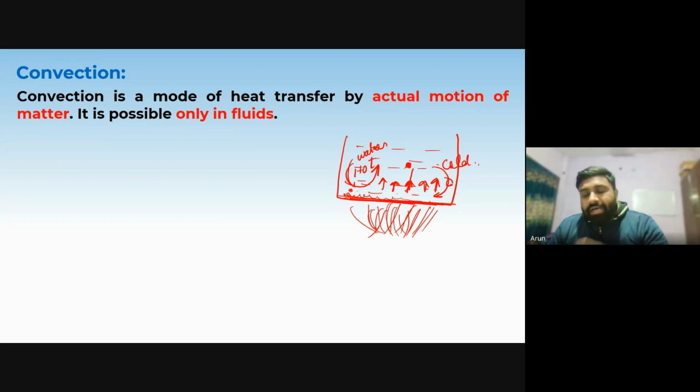Okay. So the mass itself has to shift from a hotter place to a colder place. That is the only difference between conduction and convection. In conduction, there is no transfer of mass, but in convection, there is a transfer of mass. Okay.